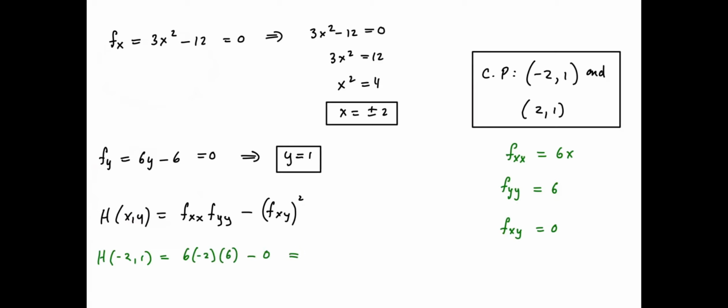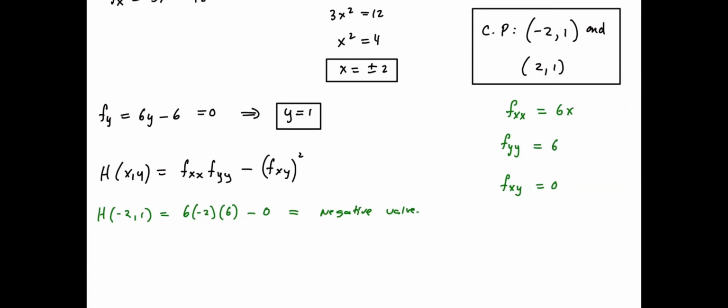So this is going to give you a negative value. If your Hessian is negative, immediately we know that's a saddle point. So this implies that the point (-2, 1) is a saddle point. So that's how we classify this one.